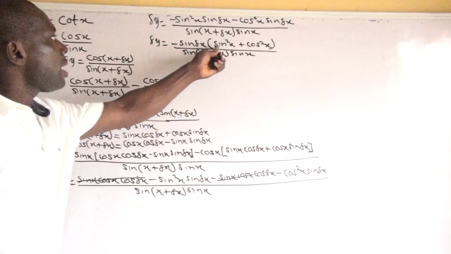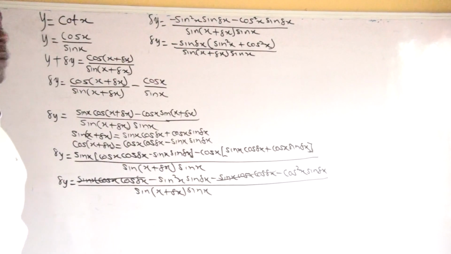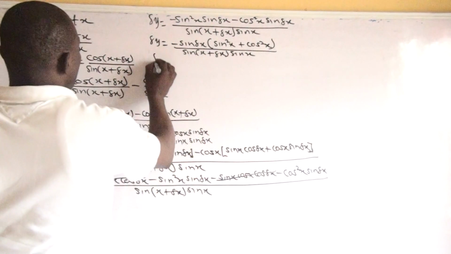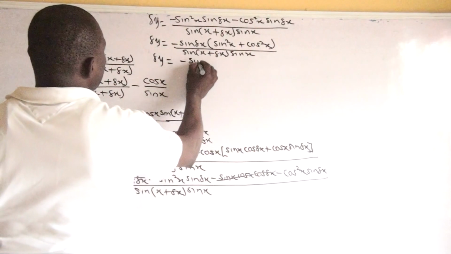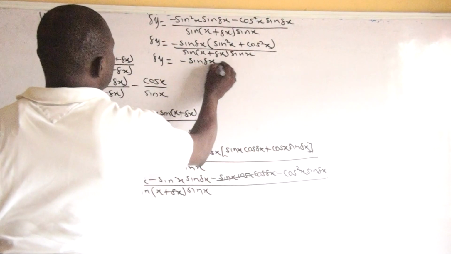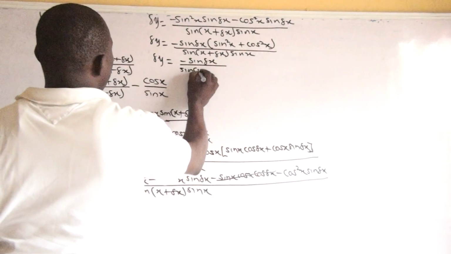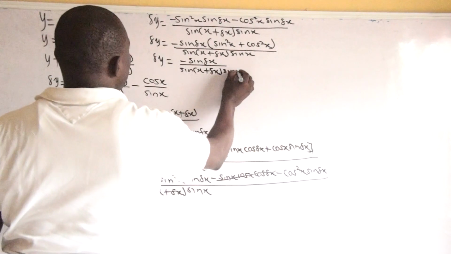Here, sin squared x plus cos squared x is 1 from trigonometry, so that our delta y becomes minus sin delta x divided by sin open bracket x plus delta x close bracket sin x.